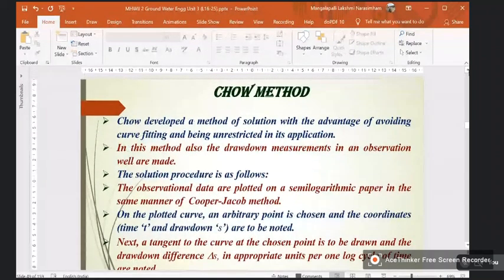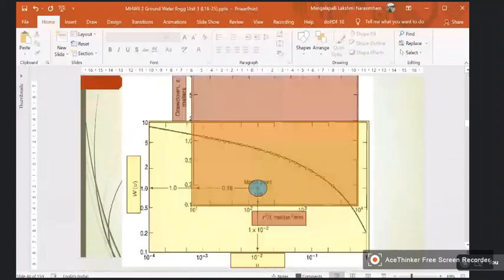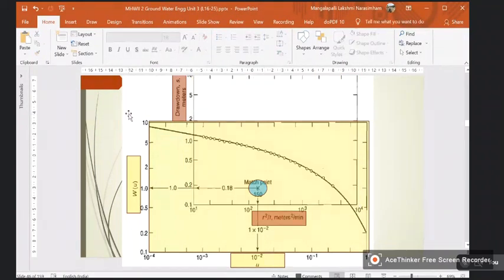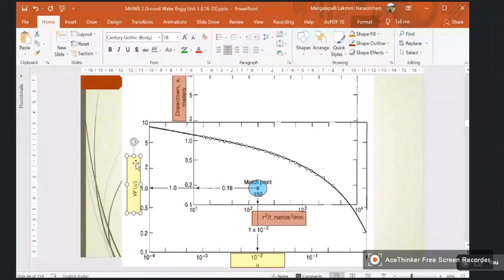Going back to the graph, I will show you. Suppose let us assume that this is our curve. You forget everything, you forget about those colors and other things. Only just for explanation purpose, I am using this.